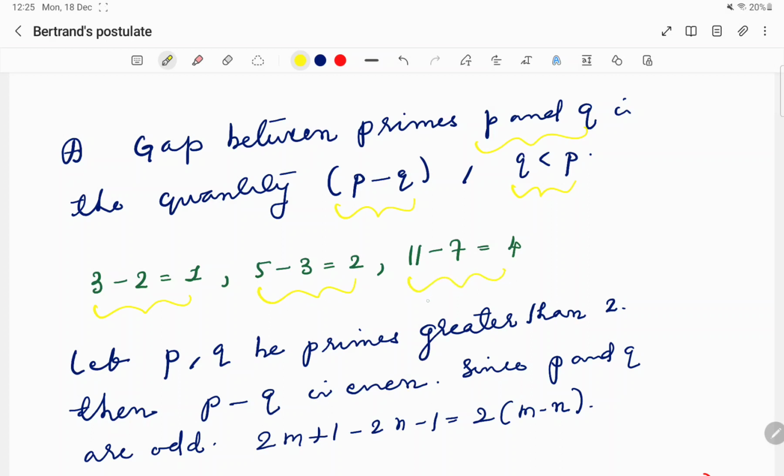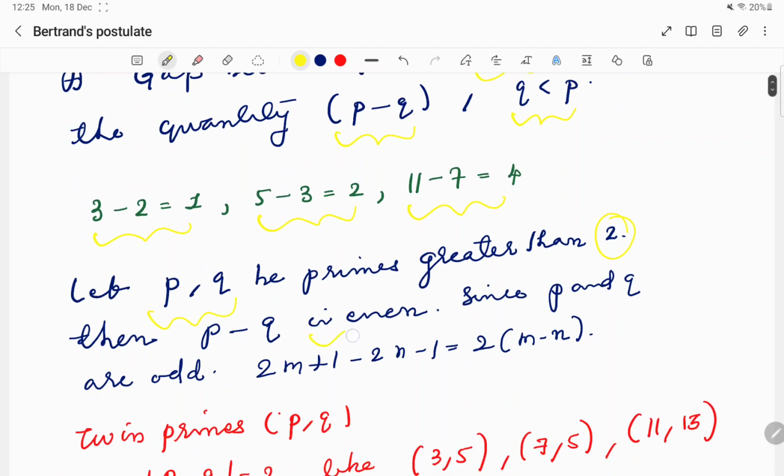So the only even prime is 2, right? Otherwise, if you take primes p and q greater than 2, then these gaps are always even, right?